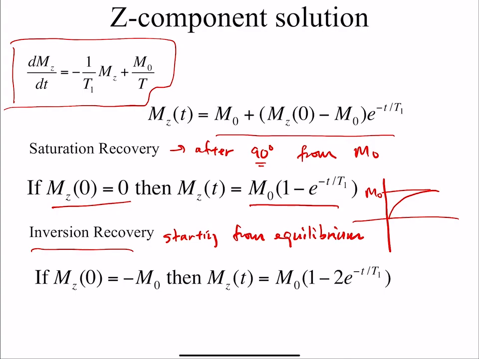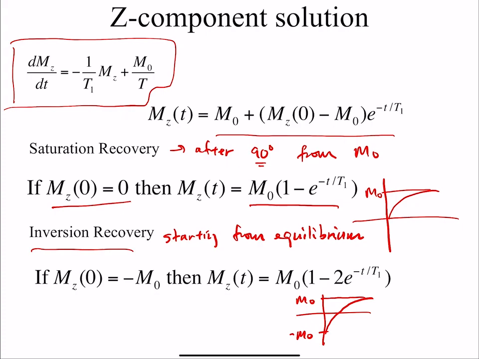So I'm recovering from minus m naught, and the picture looks like this. This is not the solution you're going to have for your homework because we're not starting from minus m naught. You can't just apply this, but it gives you the intuition that wherever I start off from, I'm always going to exponentially recover back to m naught.